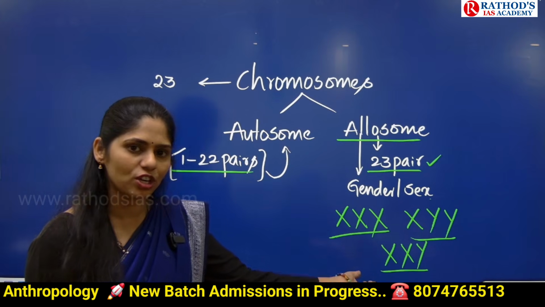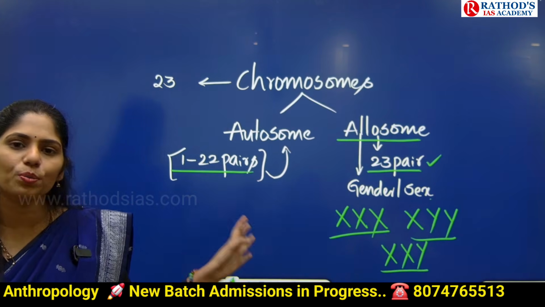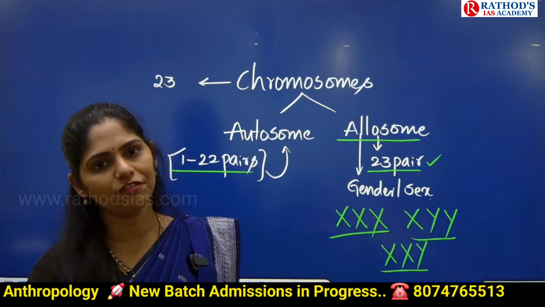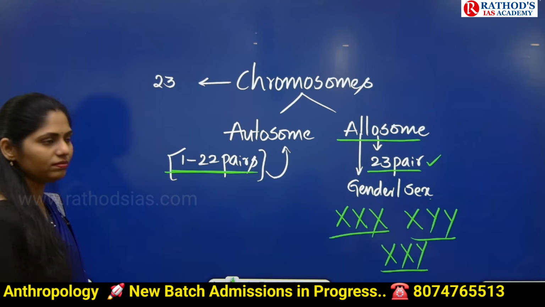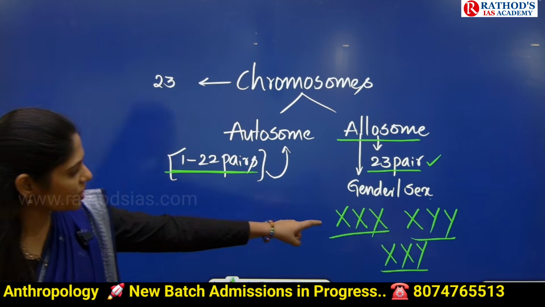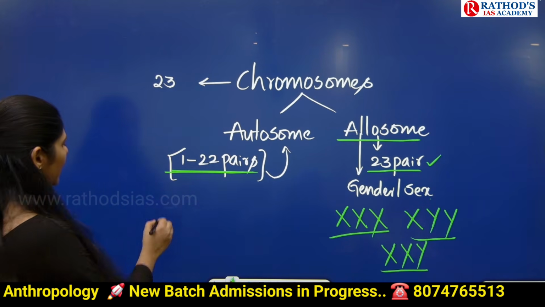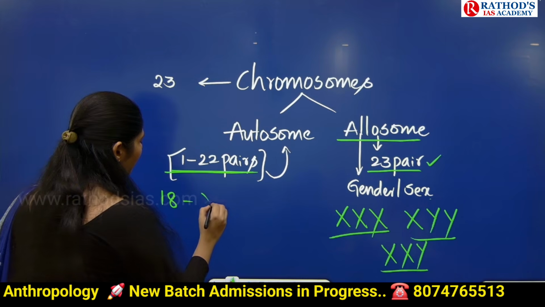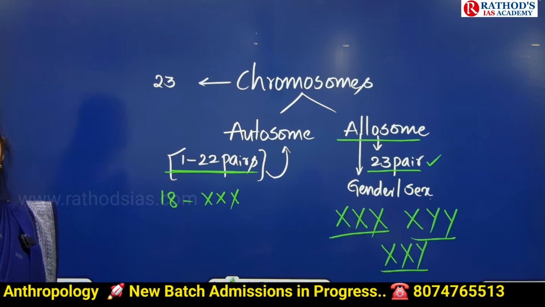If you are having an extra chromosome, we have this kind of genetic diseases called super female, super male and Klinefelter syndrome. And now we have another condition. This kind of extra chromosome can be seen in the autosomes also, right? At the 18th chromosome, if you are having an extra chromosome, we have one syndrome.